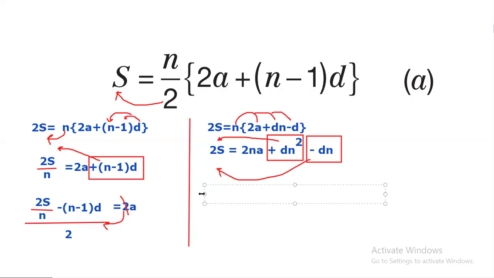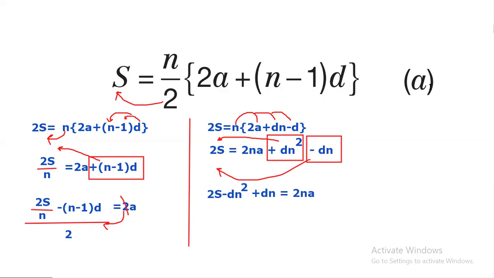So I'll write them here, 2S, and then minus dn squared, like this, over 2, and then plus dn, because it was minus, it becomes plus, and then we have equal to na, okay?